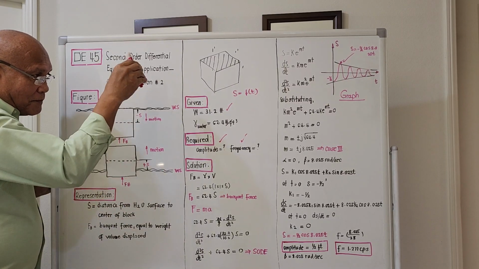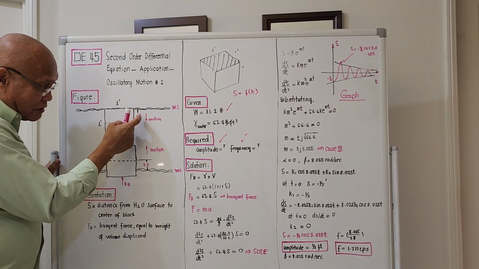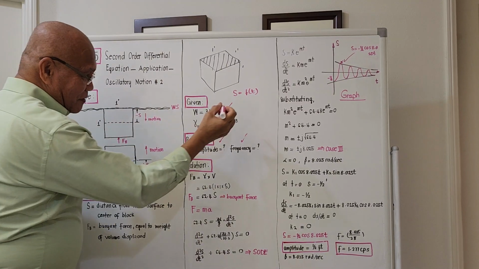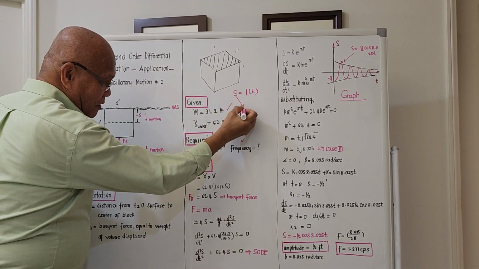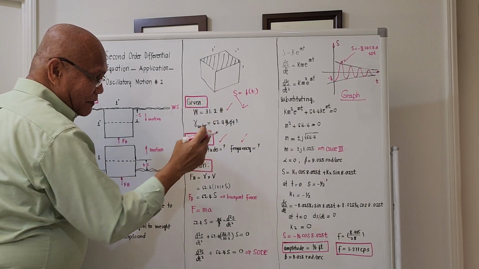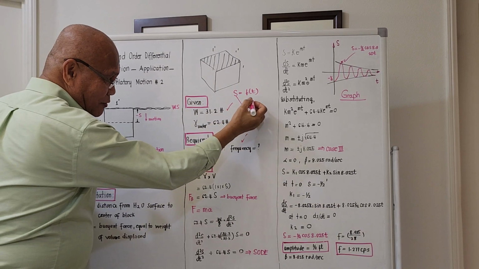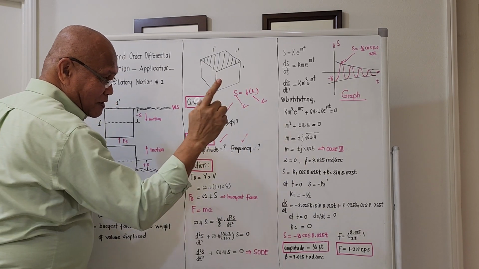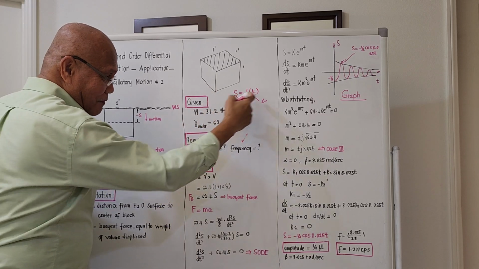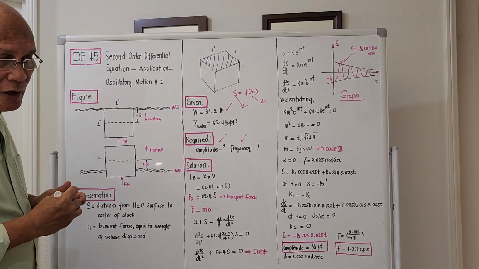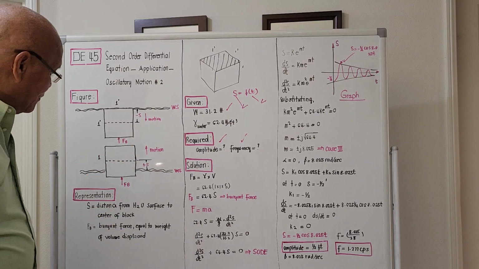As it moves up and down, this S is variable. The time is also variable. So we must compute for S as a function of time. And to solve that one, we need our knowledge of differential equation.